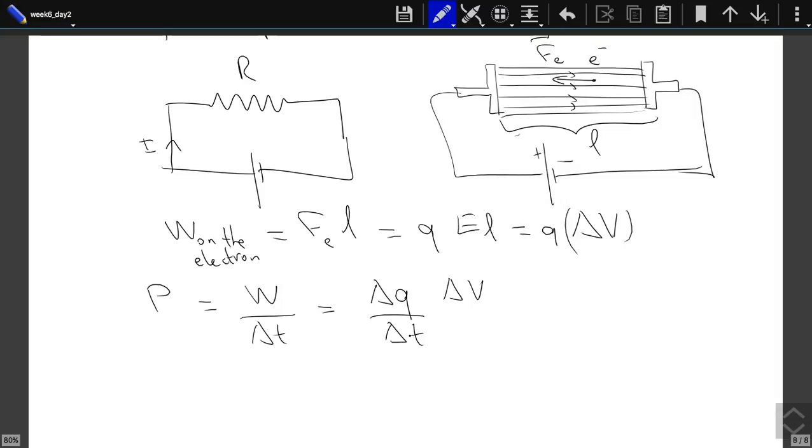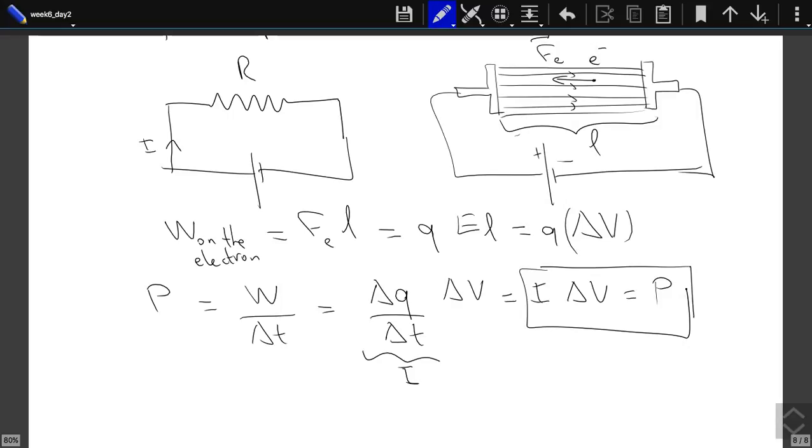So the power of the resistor, or the work done on the electron which is consumed by the resistor, or the power dissipated by the resistor, will be just delta Q over delta T times delta V. But delta Q over delta T is nothing but I. So this is equal to I times delta V. This is the power of a resistor.